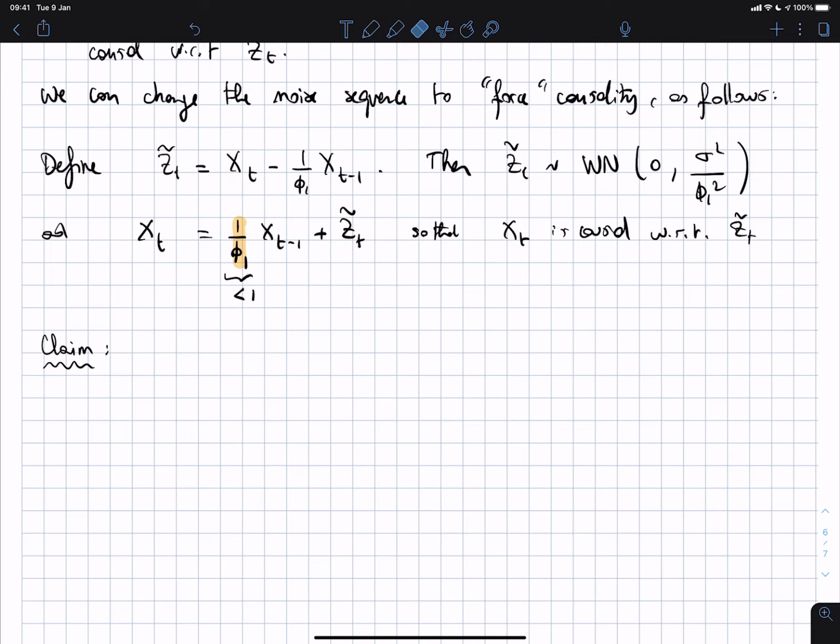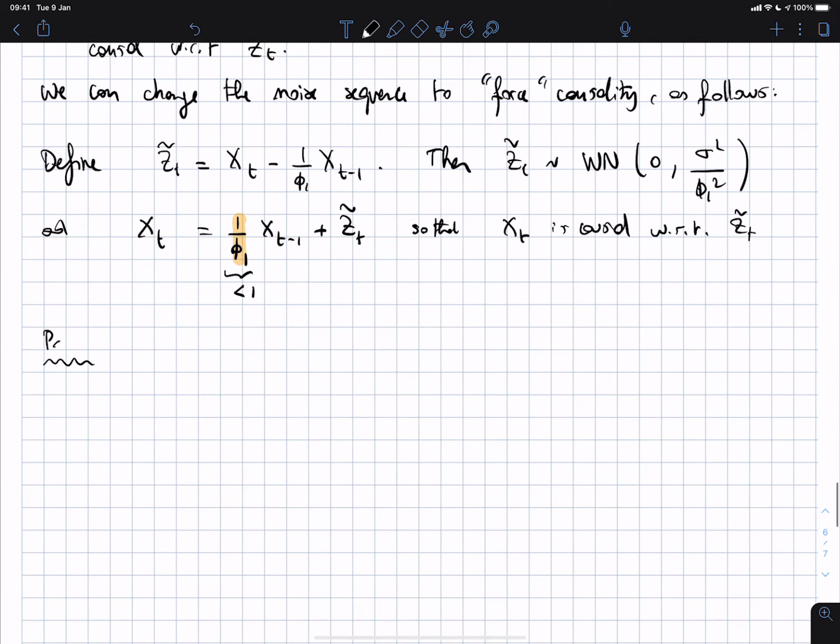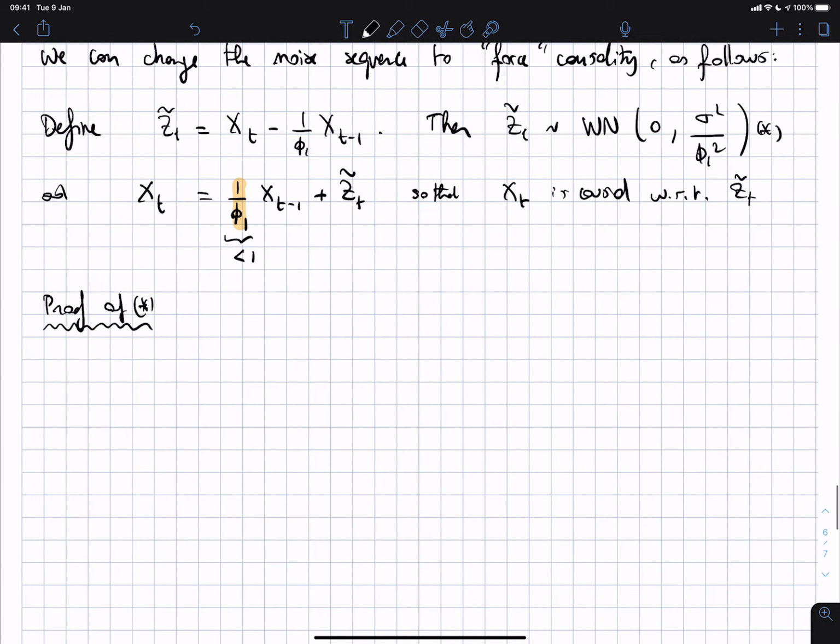So to prove the claim, it's quite a neat exercise. So that would be my claim star. We need to show that it has mean 0, that it's got variance this, and that at different times the Zt tildes are independent.